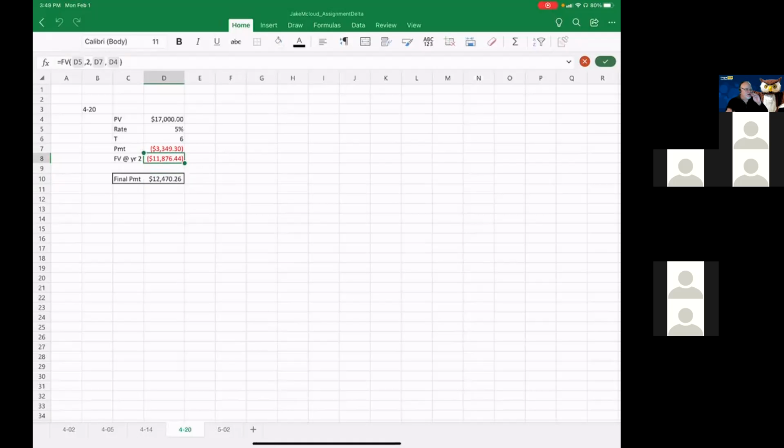Okay, and I hesitate to go down this route because it tends to get confusing. But when you're discounting the 4, 5, 6 years back to year 3, technically, yes, the 3349 is part principal and part interest, but you're discounting both back to year 3 because they're combined in this amount.